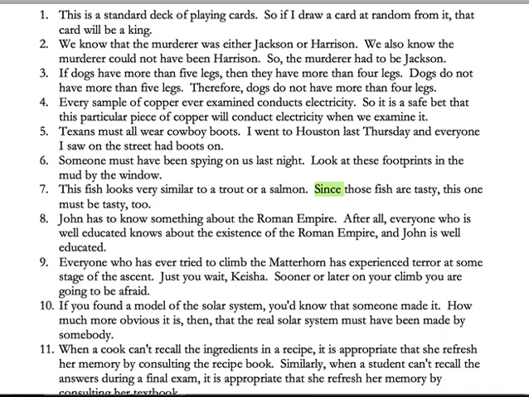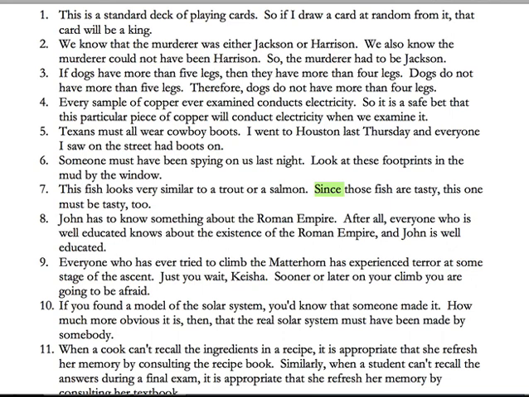Sometimes since refers to a chronology. So for example, I can say, I have loved horses since I was a small child. Since does not indicate that there's a premise coming up. Rather, it's an indication of from the time that. In this case, though, in exercise 7, we have the word since that does act as a premise indicator word.